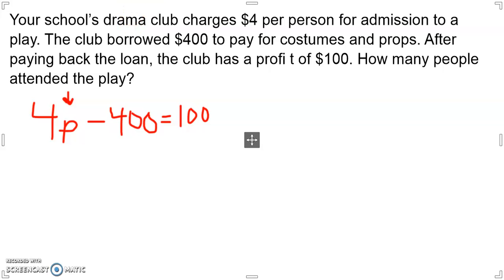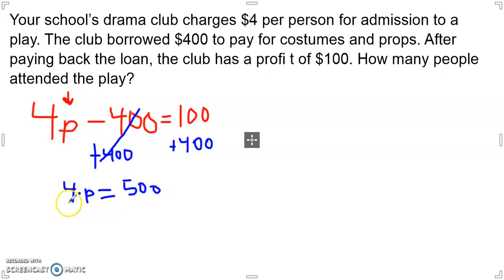Now, in order to solve for p, we've got to get p alone on this side. So we've got to get rid of this negative 400. The opposite of minus is plus. So we're going to plus 400 on both sides. 400 minus 400 cancels. So now we have 4p. And 400 plus 100 is 500.